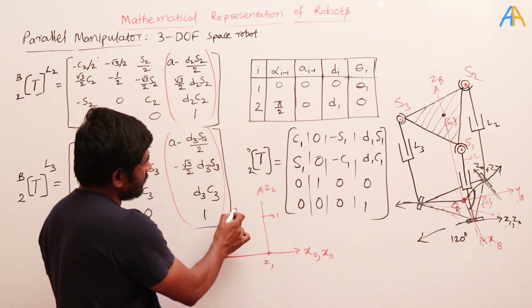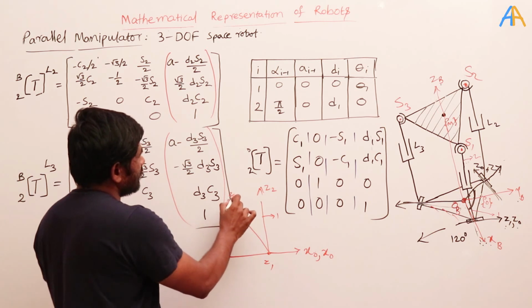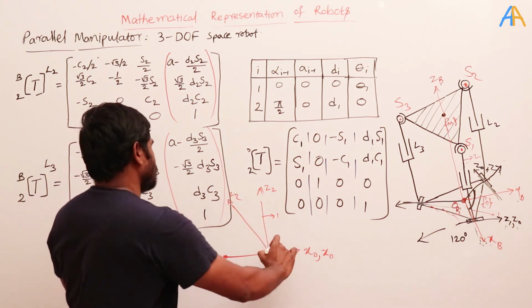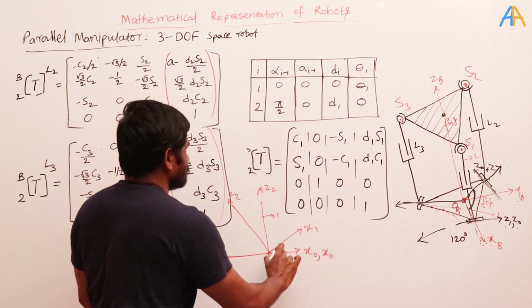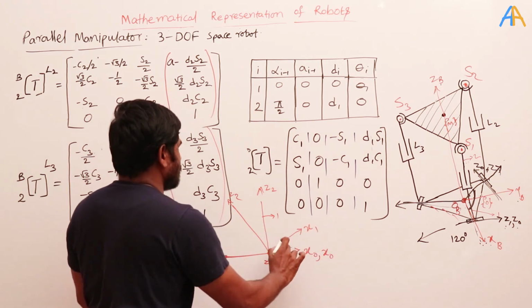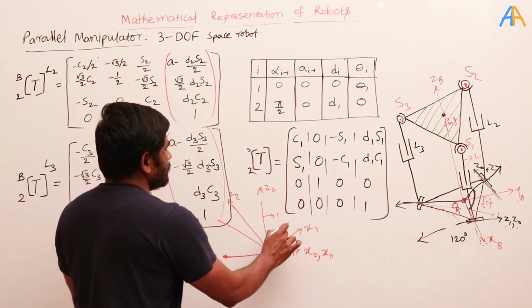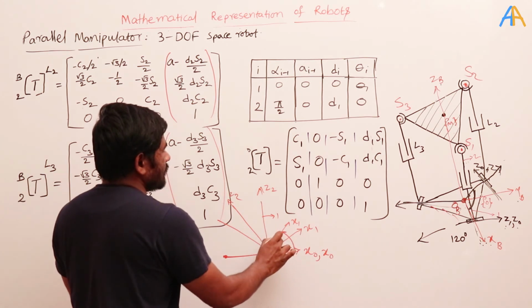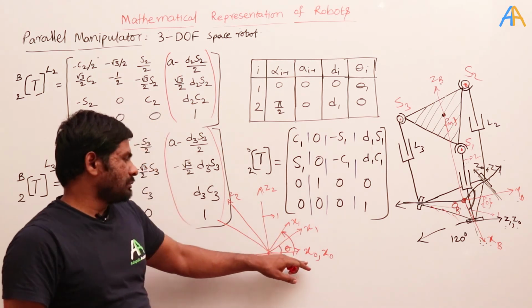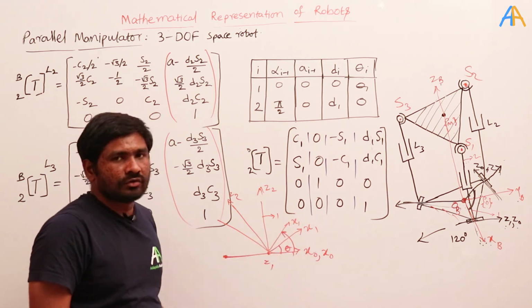Instead of that, if the link is like this, then this is the z2 and this is the z1, and the x1 will be like this. So in this case, this is the theta 1, and if the link is like this, then this is the x1, and the angle is this much. Okay, so here always we are measuring the angle with respect to the x0 to the x1. That you need to remember.